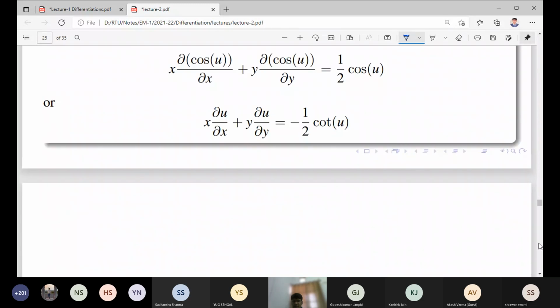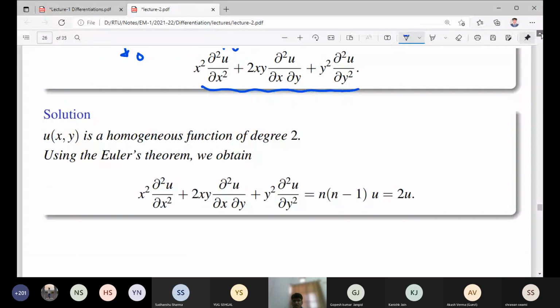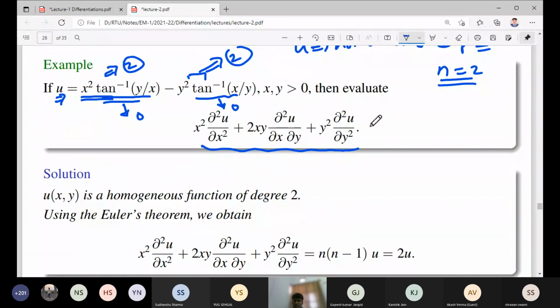So by the application of Euler's theorem, the value of this term equals n into n minus 1 times u. And what is the value of n here? 2. So 2 into 2 minus 1 times u. The answer will be 2u, where u is given by this relation.